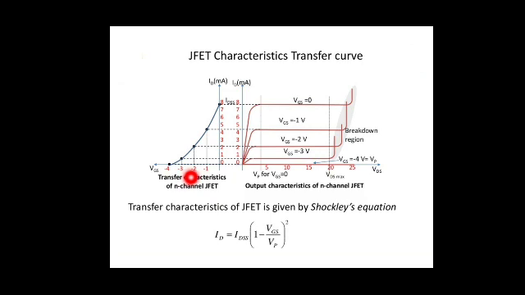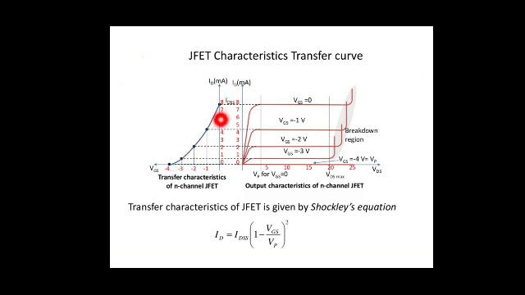As you increase VGS from 0 to -1, the current ID will be reduced. From -1 to -2, the current is further reduced. From -2 to -3, the current is reduced, and so on.